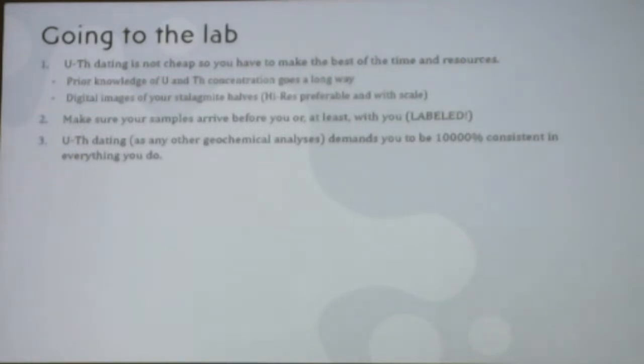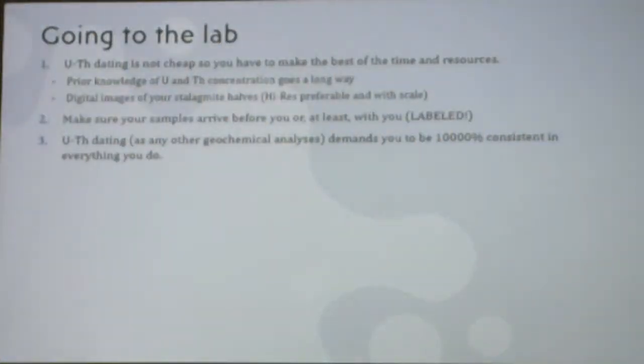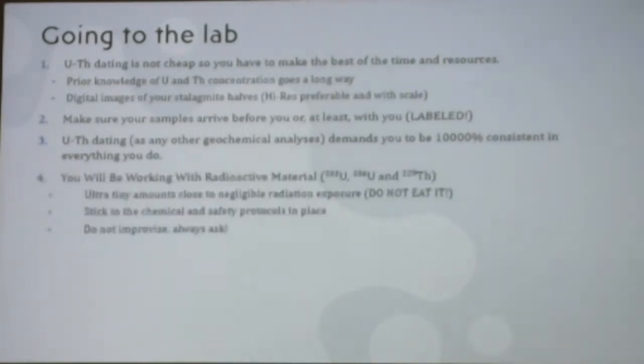When you're doing uranium-thorium dating, you have to be very, very consistent in what you do. All the samples are treated exactly the same, so you know that the tiny differences you can see are actually because the samples are slightly different, not because you did things slightly differently. So you have to be extremely consistent in everything you do in the lab.